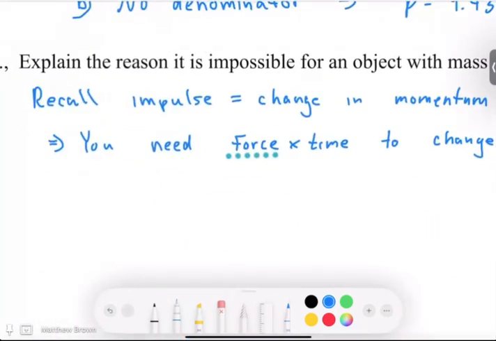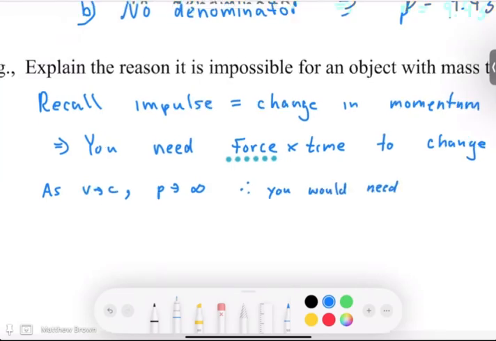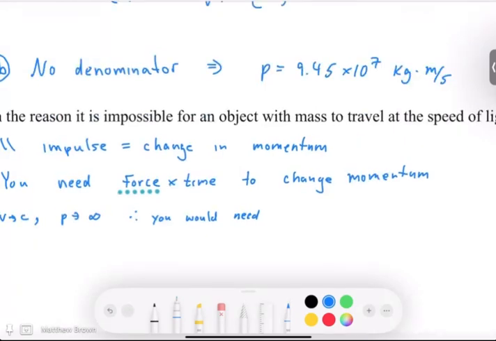So as v approaches c, p approaches infinity, so you would need an infinite amount of force. I guess I could say and or time.